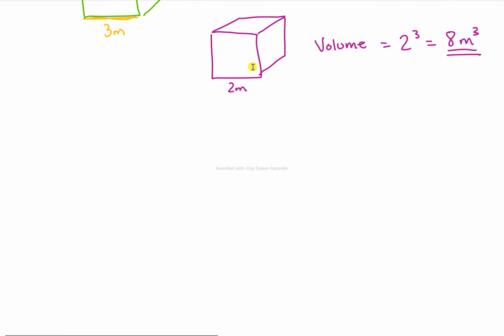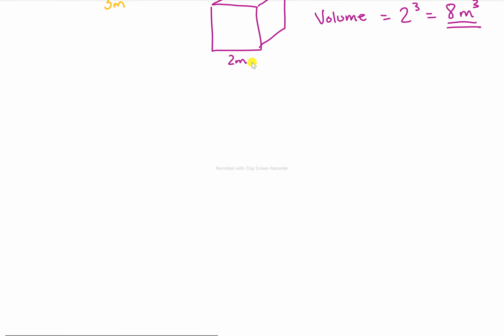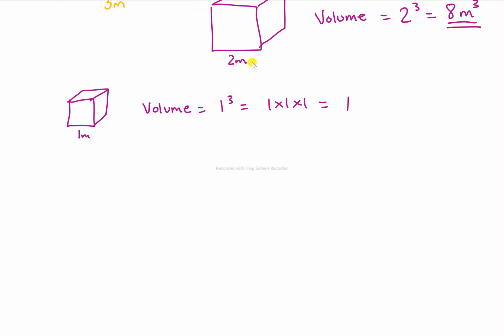I want the first 5 you should really learn. 1 meter, the volume is 1 cubed, which is the same as 1 times 1 times 1, which is 1.